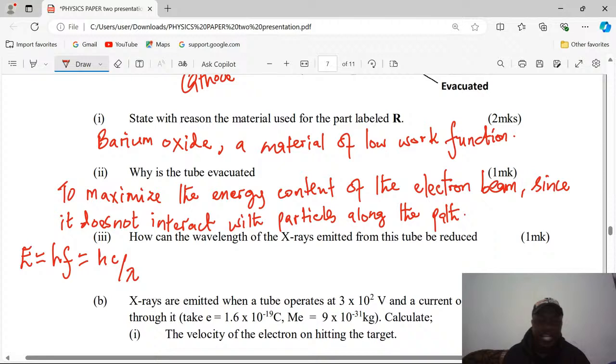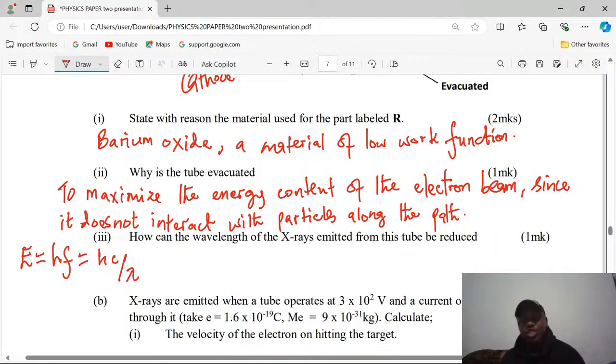So we want to decrease wavelength. Remember, wavelength is inversely proportional to frequency. So reducing wavelength means increasing frequency. And to increase frequency means to increase the energy content.